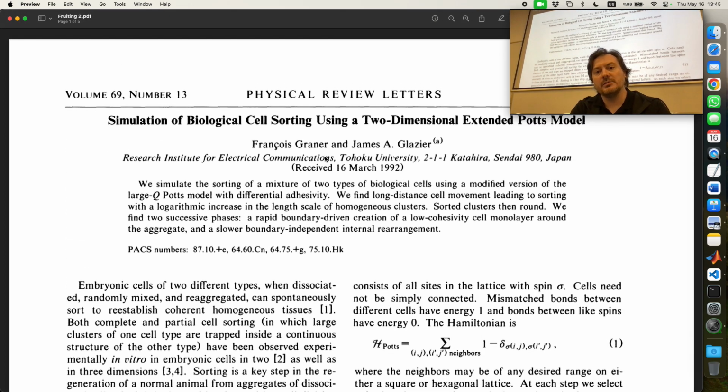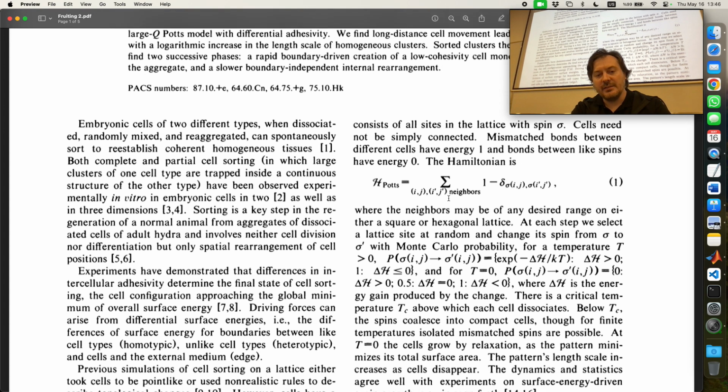What these people want to do is simulation of biological cell sorting using a two-dimensional extended Potts model. So what is the Potts model? It's the Ising model, but not with just up spin and down spin. It's n spins, okay? And they interact, and they basically write a Hamiltonian.